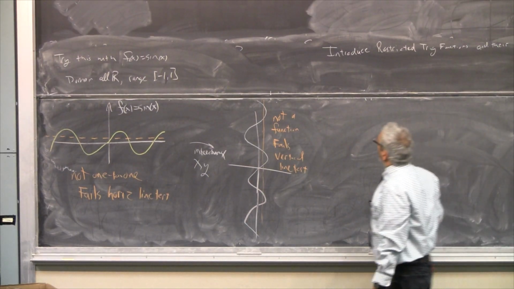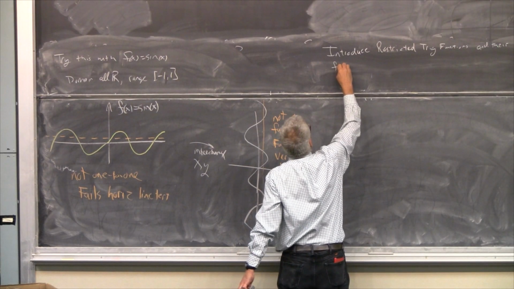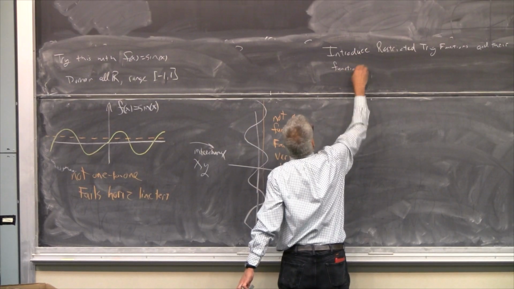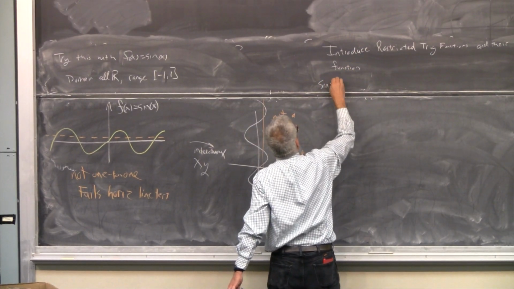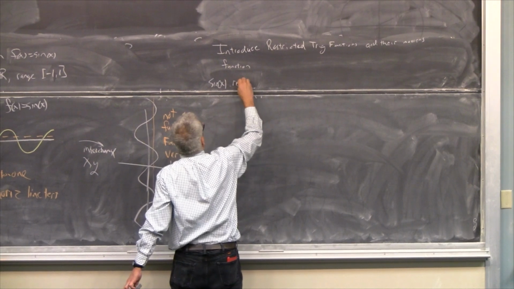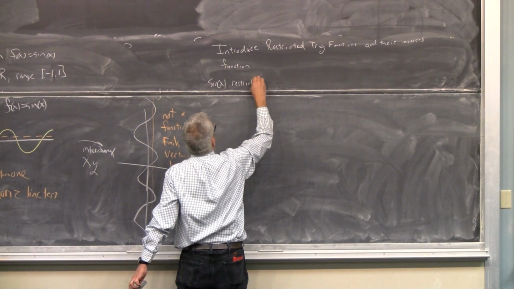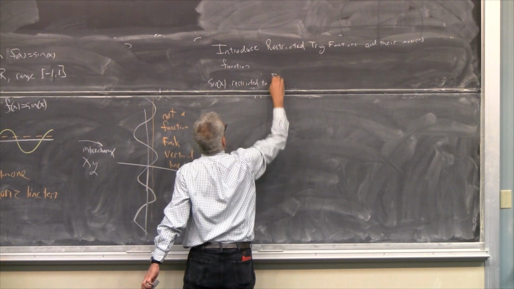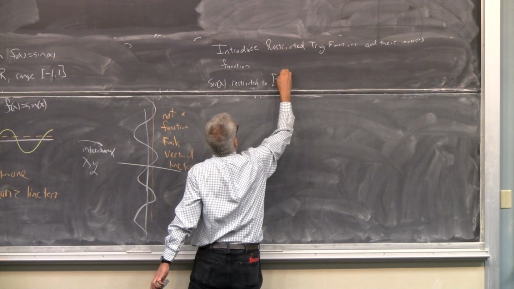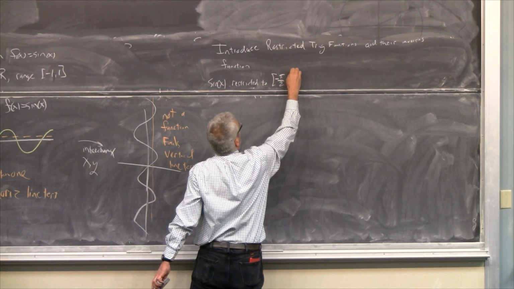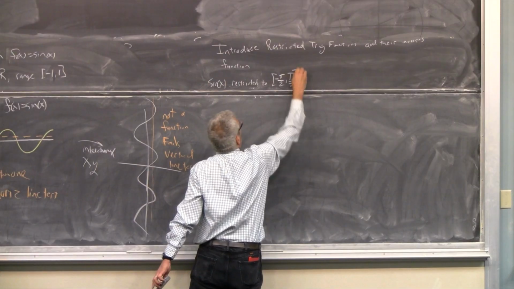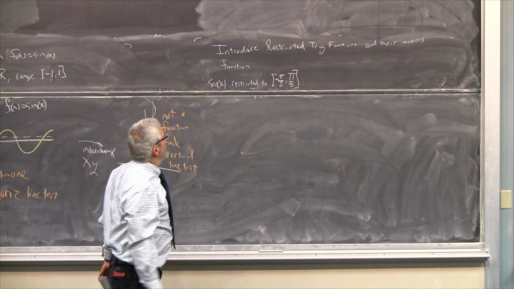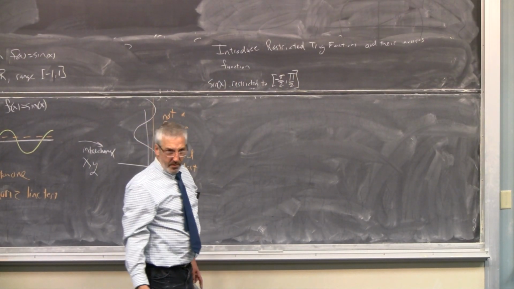So first of all, for this function, we have sine of x restricted to the interval minus pi over 2 to pi over 2, with the endpoints. So it's a different function.